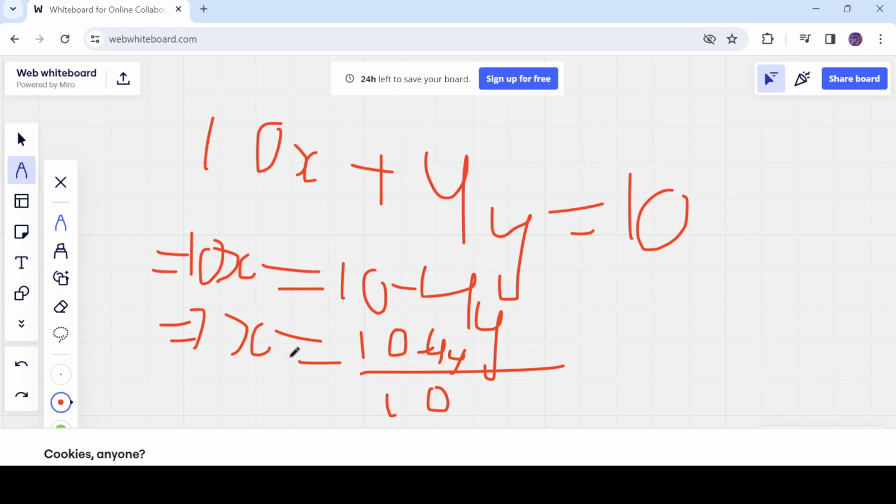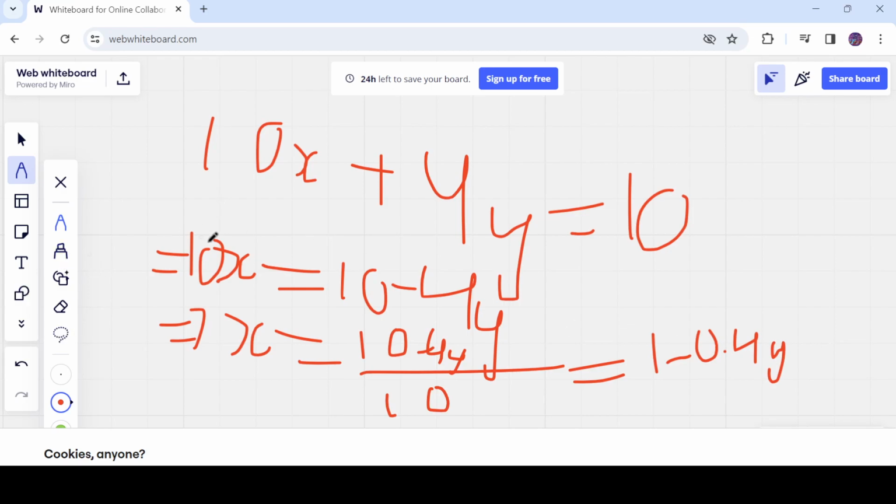Anyway, at which point you get 1 minus 0.4y. So that's how you'd solve for x.